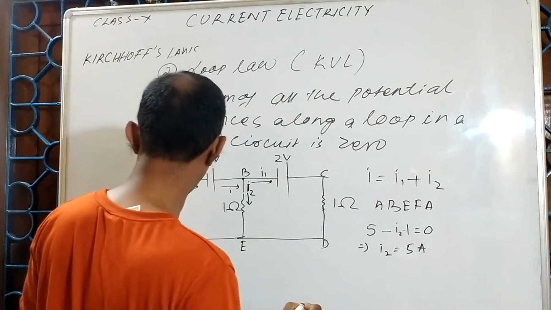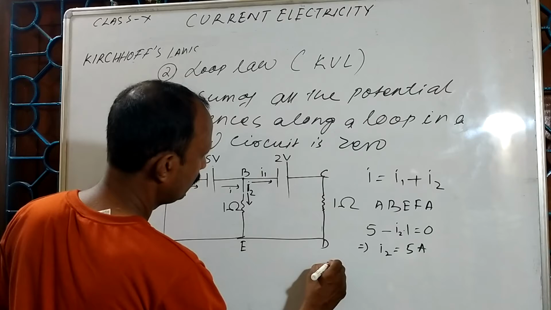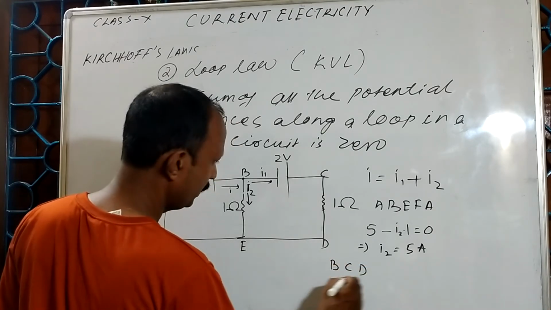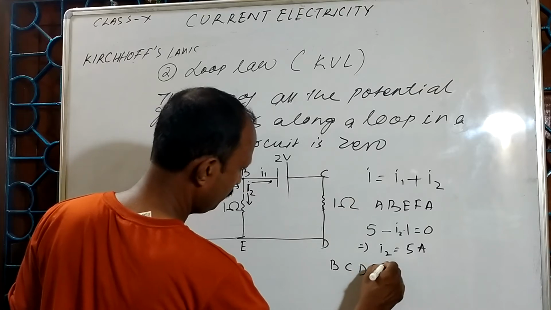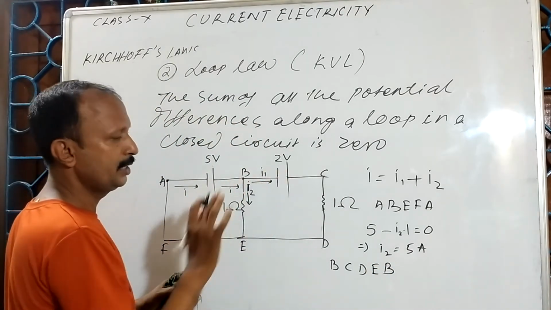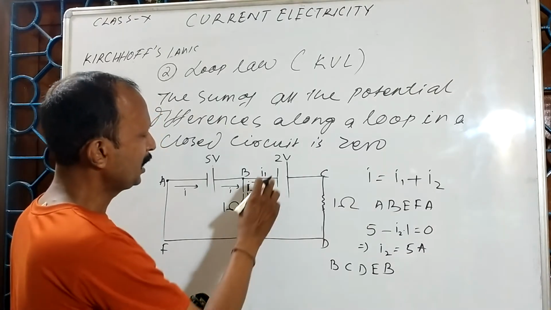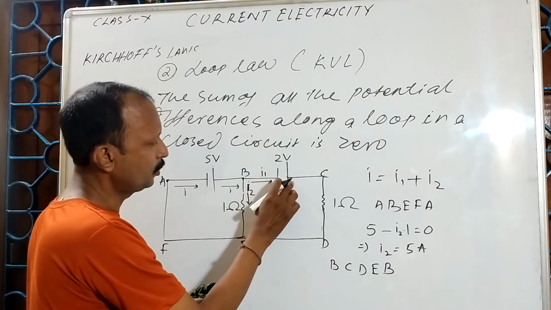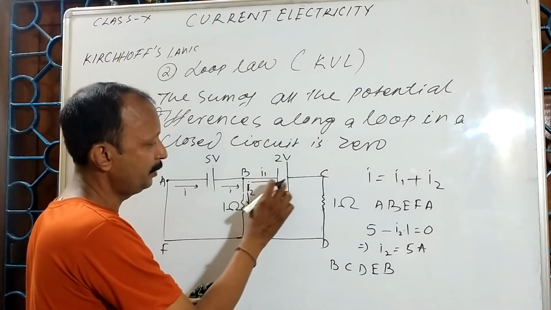Suppose we consider the loop B, C, D, E, B. Now, I am moving from here. I am moving from the small to the big one, meaning negative to positive.